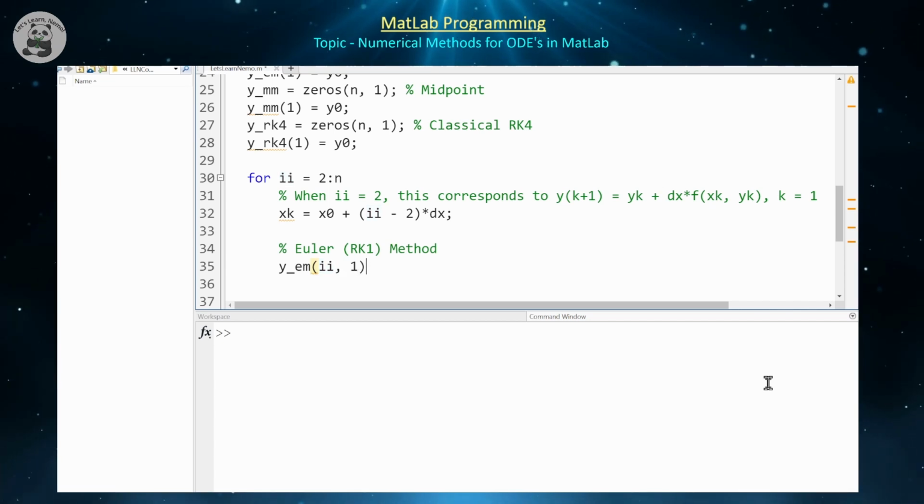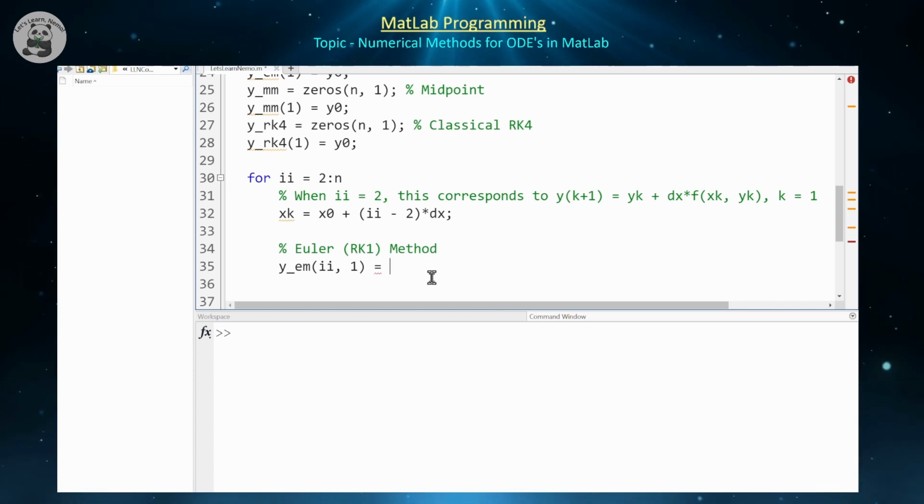It's always going to be 1 for that second input because it's not a matrix, it's just a vector, and I don't want it to automatically create a vector when I don't need one. So this is going to be equal to the old Euler method value. So y1 is equal to y0, which is the first element of YEM. The second element of YEM corresponds to y1. The first element of YEM corresponds to y0.